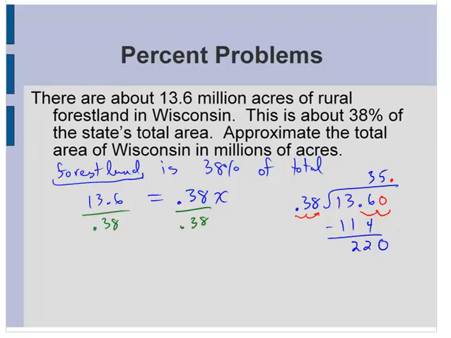Let's see, multiplying back, 5 times 38 would be 190. With the remainder of 30, bringing in an additional 0. 38 will divide into 300 6 times, maybe 7 times. Yeah, 7 times.